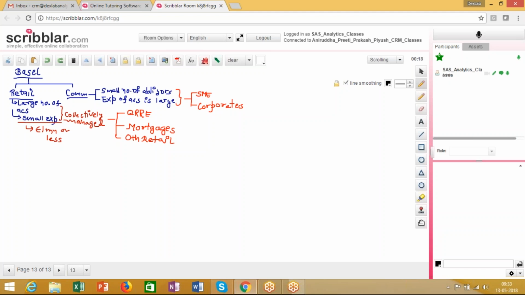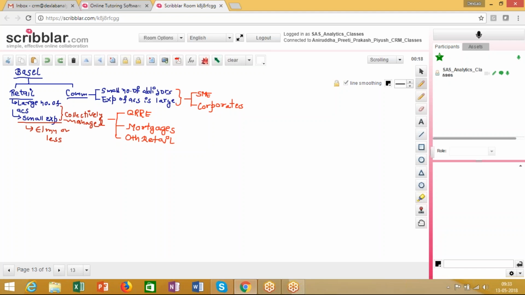Say in a credit card portfolio you might have 3 million, 4 million accounts, while in a small medium enterprise (SME) and corporate portfolio, the number of obligors who have taken a loan would be much less, because the number of firms is much less compared to the number of individuals. Therefore, the number of obligors in a commercial portfolio should ideally be lesser on average relative to the retail portfolios.